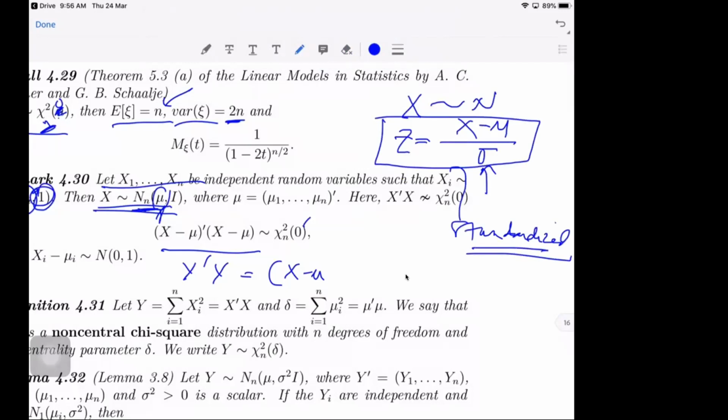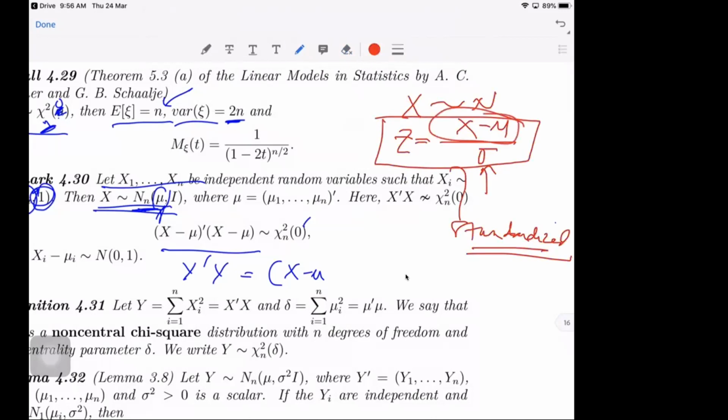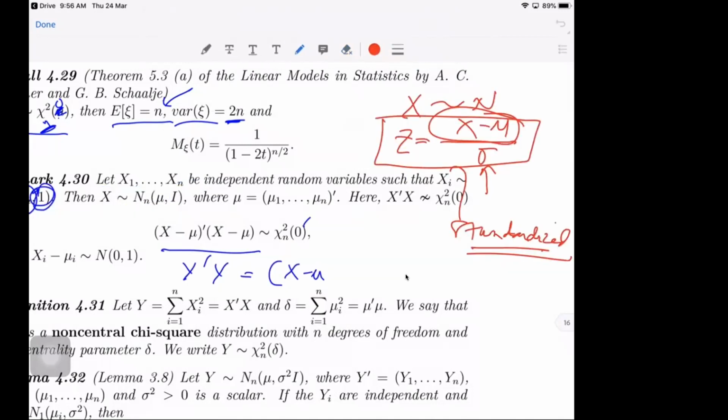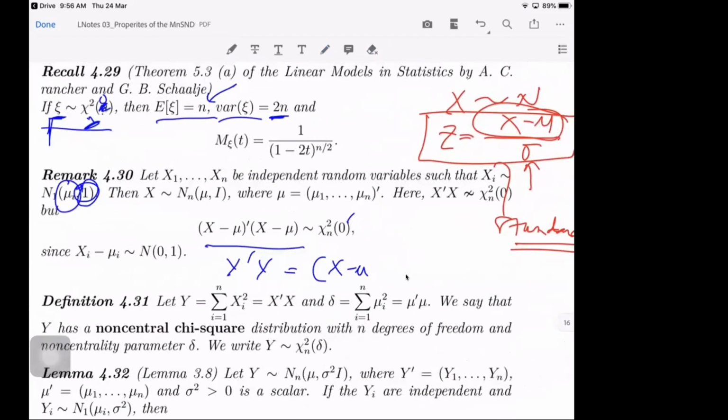But here, sigma doesn't appear, only x minus mu, because each of them has variance 1, or standard deviation 1. So you divide by its standard deviation, but since it's just 1, it looks like just x minus mu.